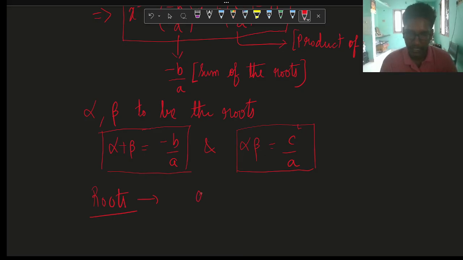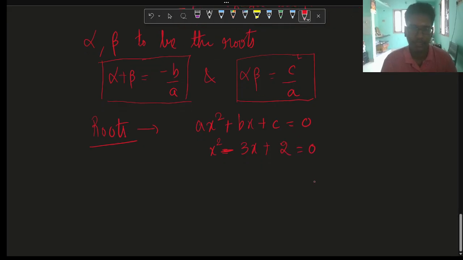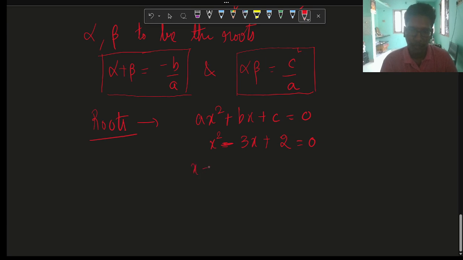So let's take ax² + bx + c equal to 0. And here, for example, I'm taking x² − 3x + 2 as the equation. If I put x equal to 1, I would get 1² − 3(1) + 2, which is equal to 0.